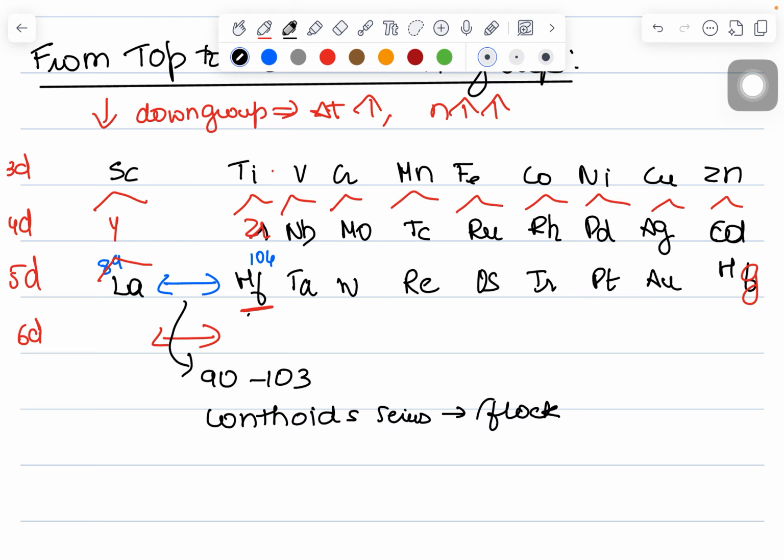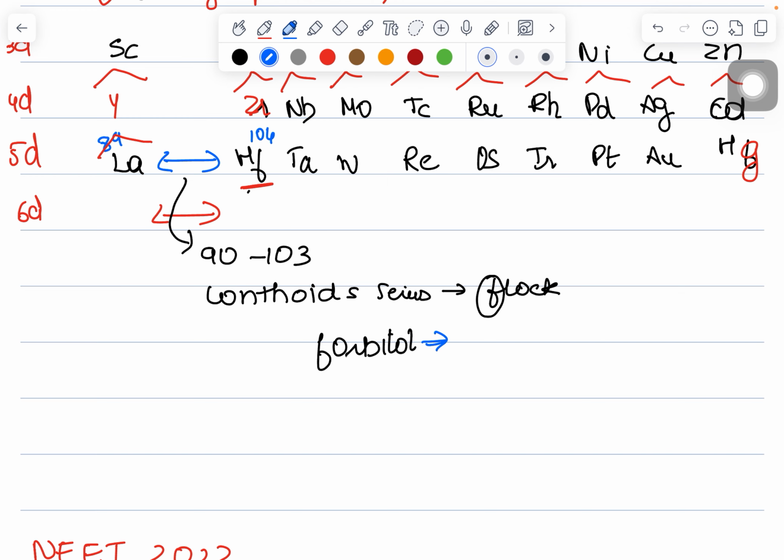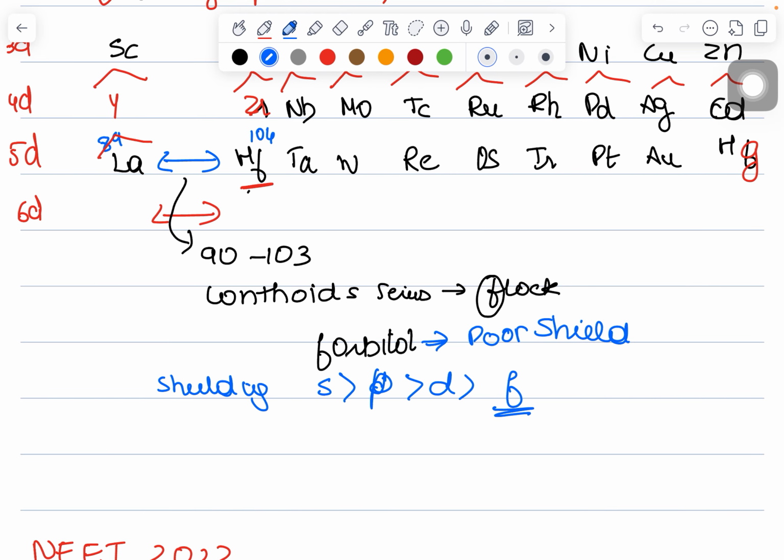Here the electrons are filled in the F orbital, and as we all know, the F orbital is very poor shielding. If we see the shielding order, the S orbital is highest, shields very well, then P, then D, and F is very poor shielding.